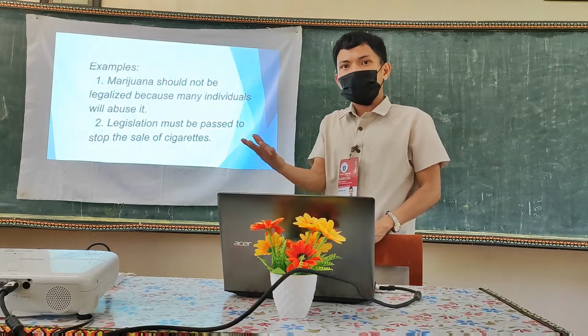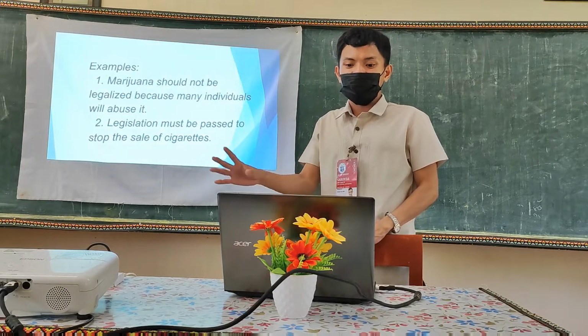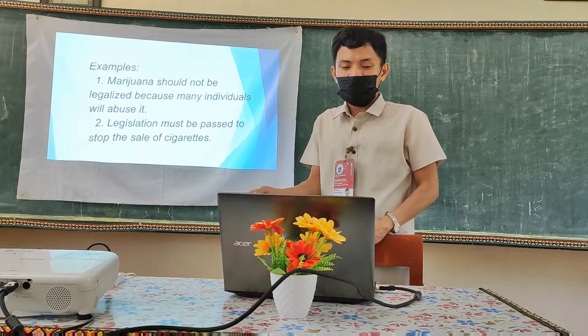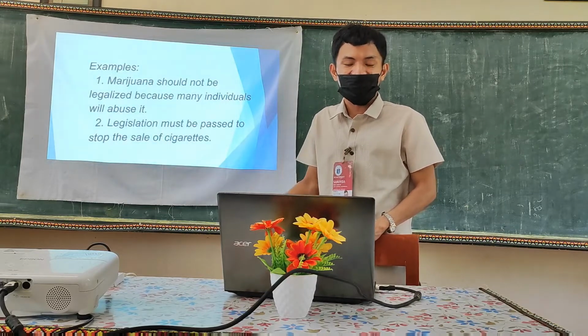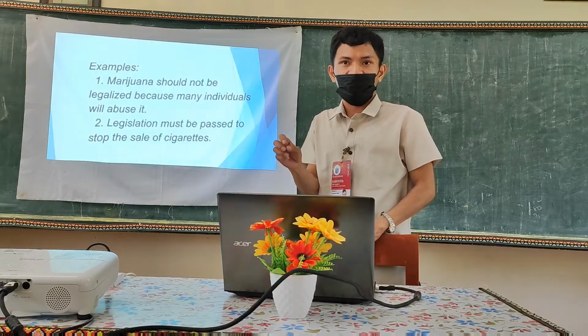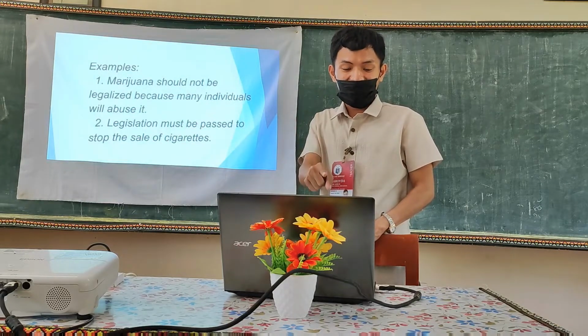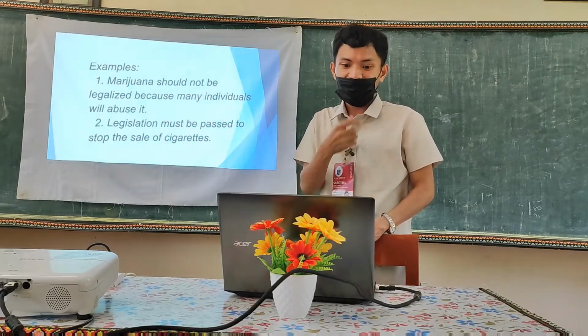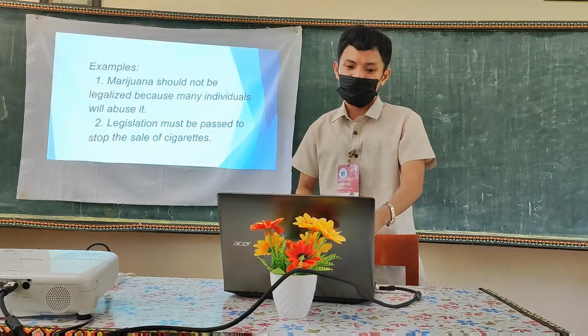So I will let my class scrutinize the example. As I've said earlier, those are the things that should be kept in mind so that they can decipher or recognize if it really belongs to this kind of claim. What claim is this? The claim of policy.